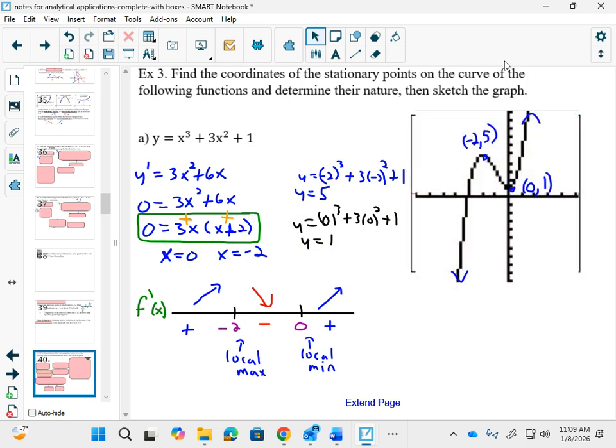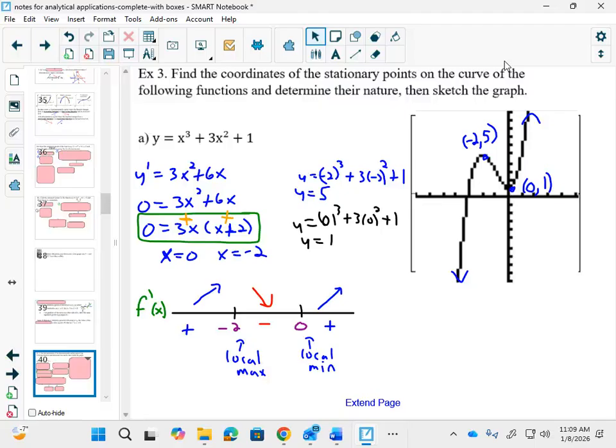And all of a sudden we're able to graph this, and quite accurately. You know that it's increasing, then decreasing, then increasing.